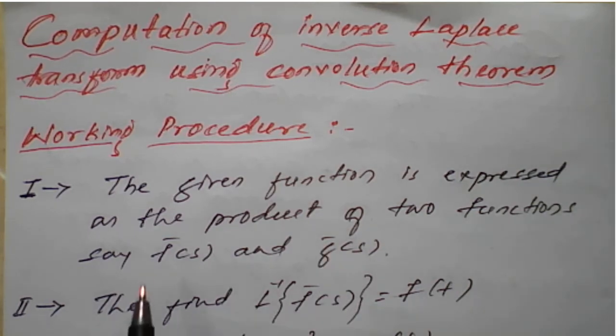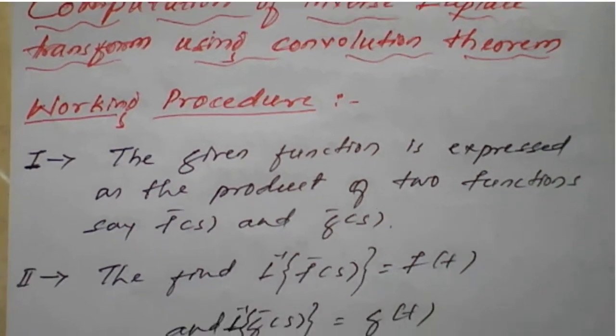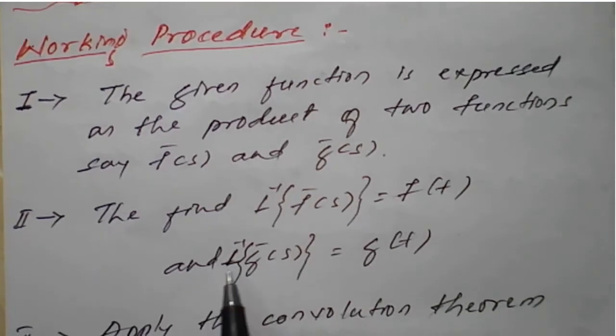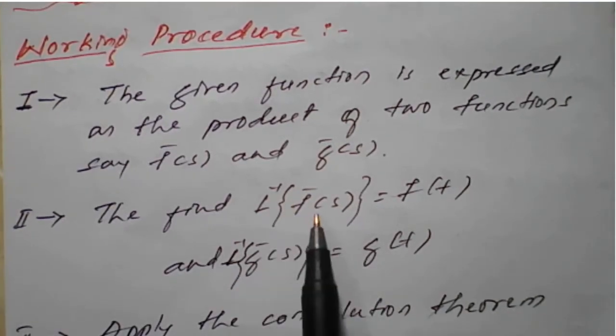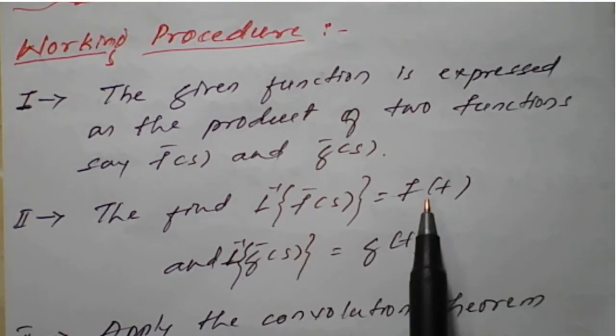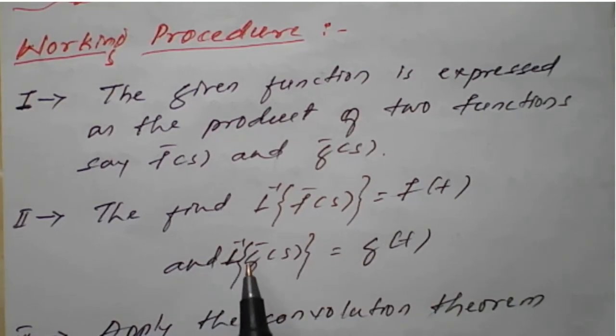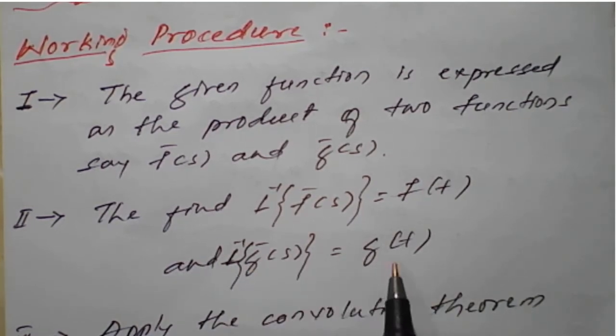Then once we have collected f dash of s and g dash of s, in the second step we need to find the inverse Laplace of f dash of s and the inverse Laplace of g dash of s. So we'll get f of t, and the inverse Laplace transform of g dash of s will give g of t.